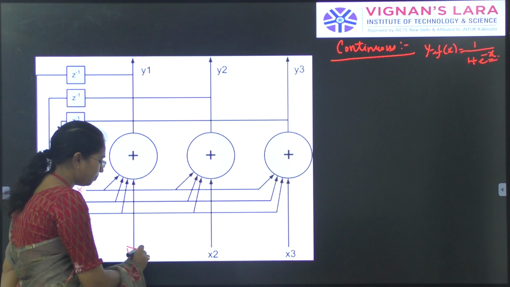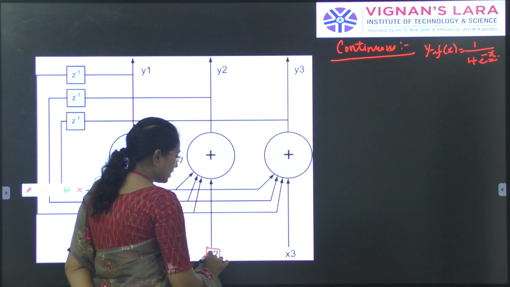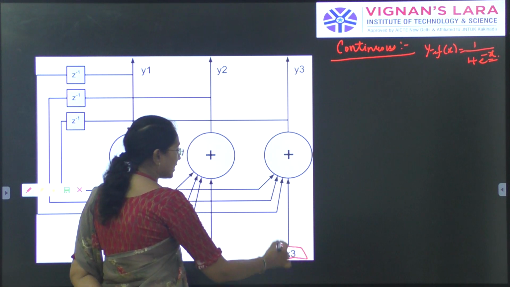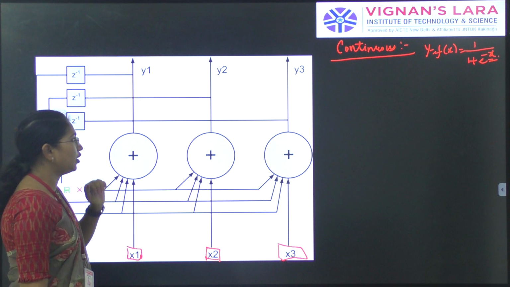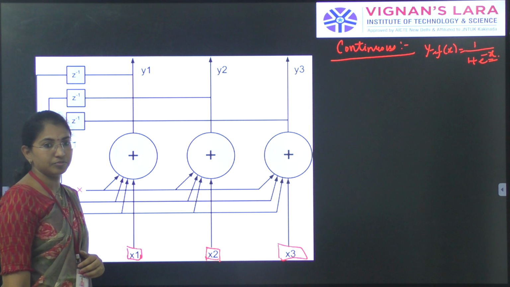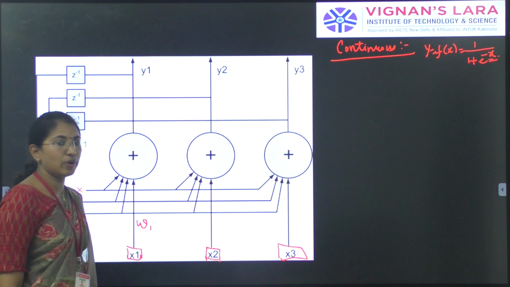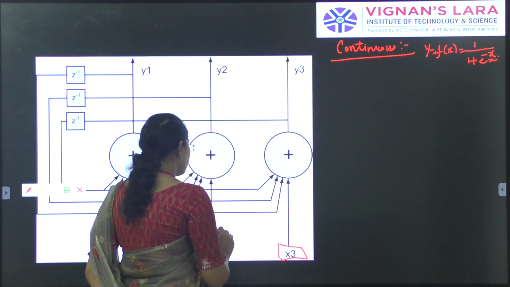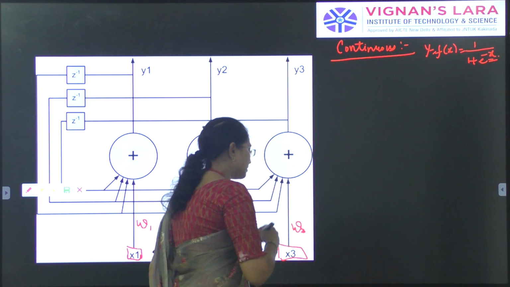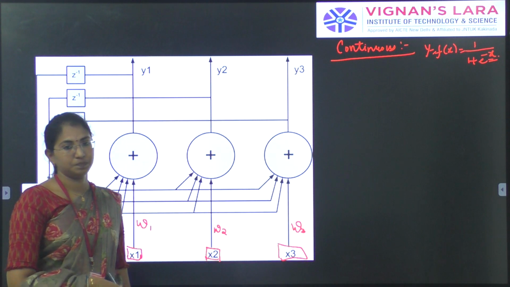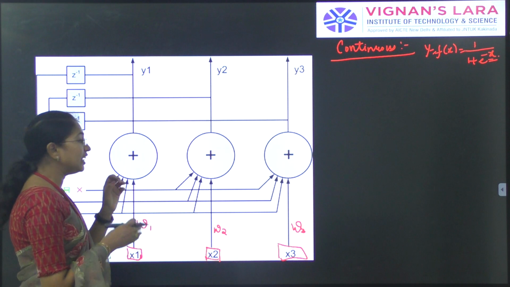Let x1 be the first input, x2 be the second input, x3 be the third input, which are being fed to the layer, and x1 is passed through a weight of w1, x2 is passed through weight w2, x3 is passed through weight w3. Now what is the value at initial condition?